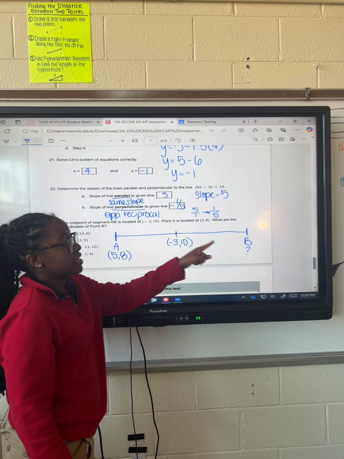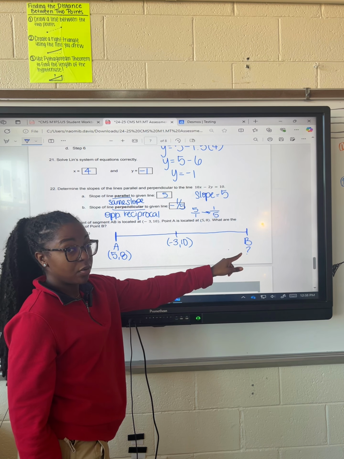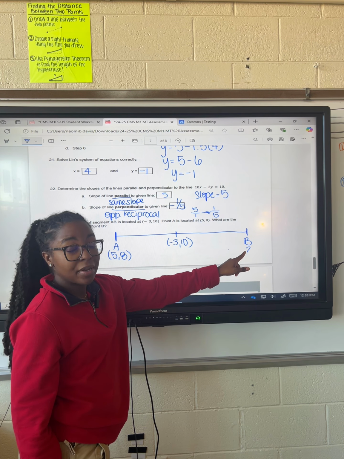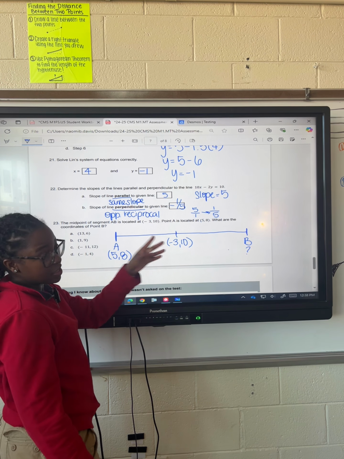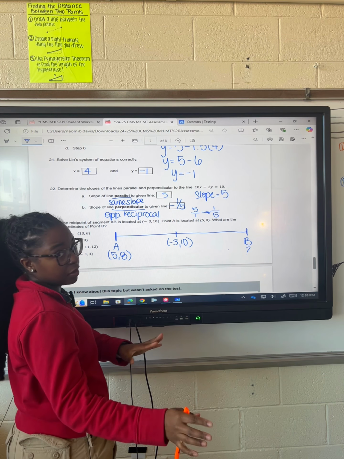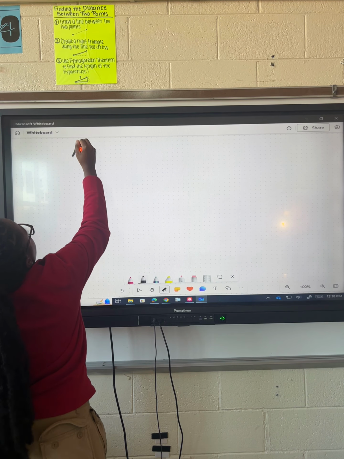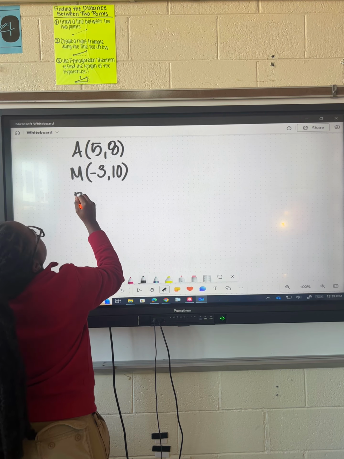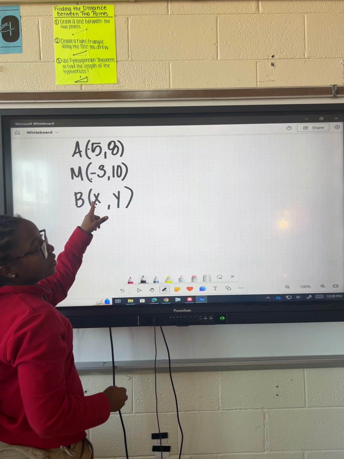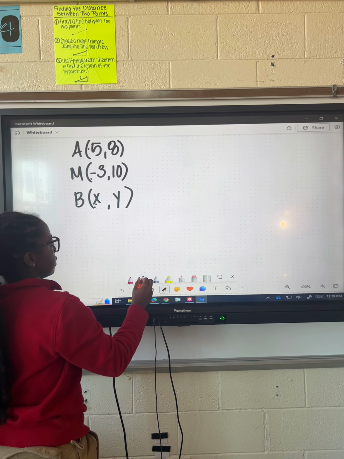But the problem is I don't know this point. And what do I do when I don't know something? I put a variable, okay? So we're going to deal with X's and Y's on 2 different things. So follow me real quick, okay? Point A, my midpoint was -3. I don't know the X, but I'm still going to go through the same process.